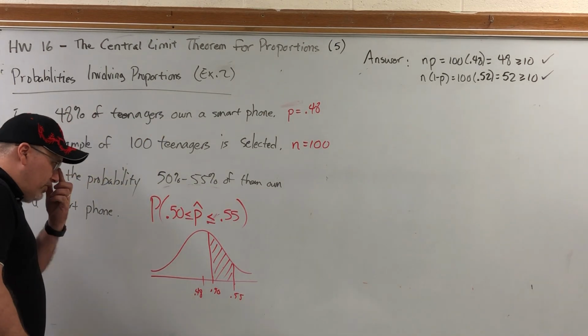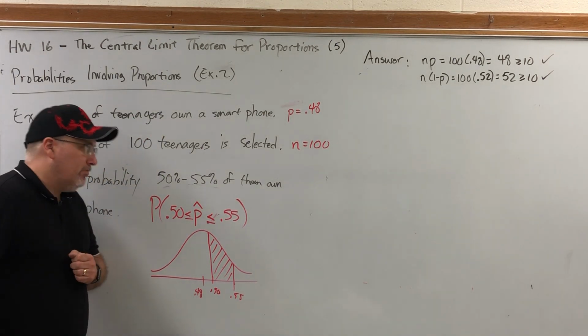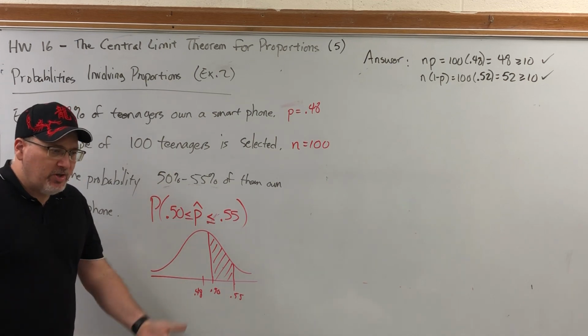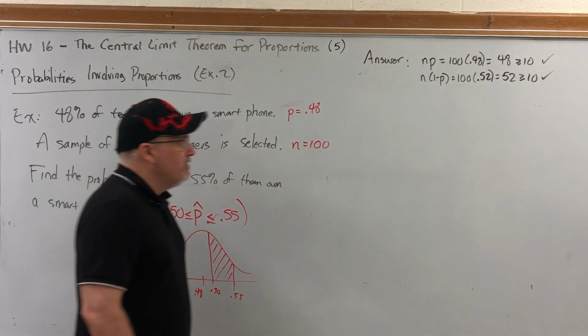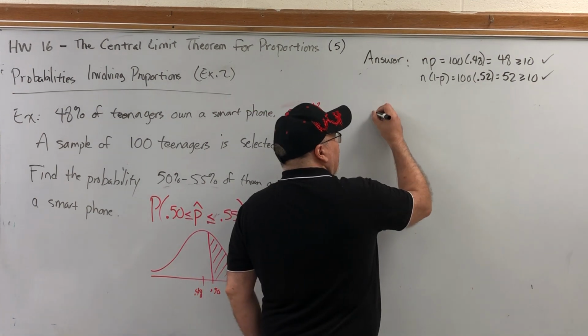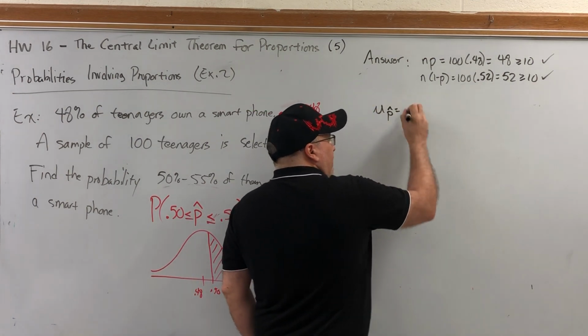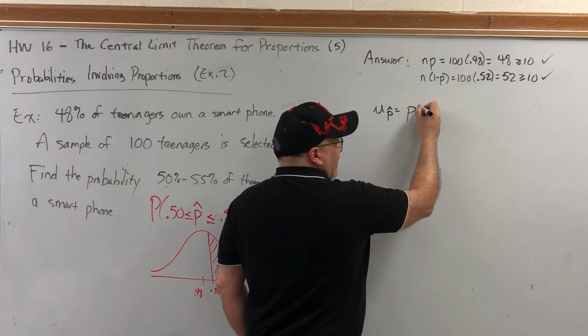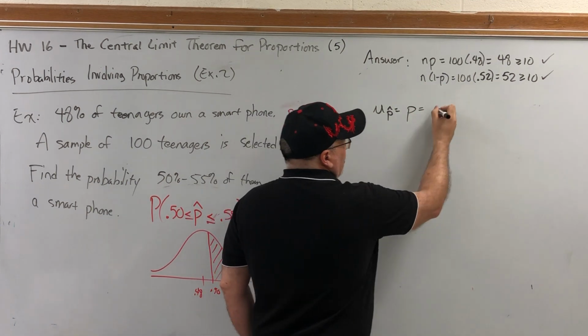All right, so now we're going to have to convert this to a z problem, and recall that the formula for z needed mu sub p hat and sigma sub p hat. So the next thing we should do is calculate those. The formula for mu sub p hat is mu sub p hat equals p, which is just 0.48.